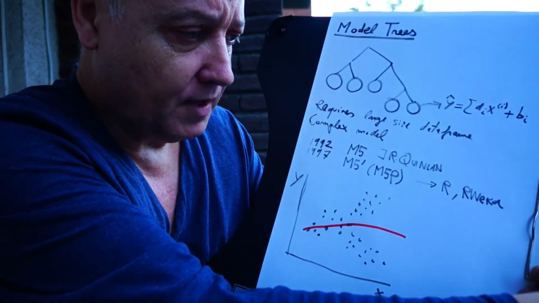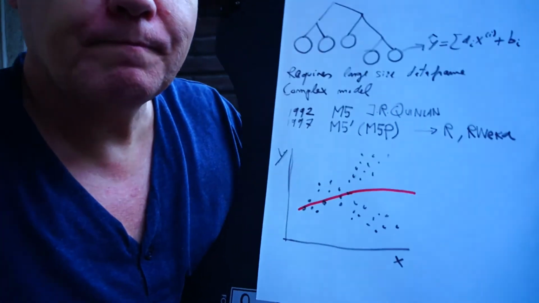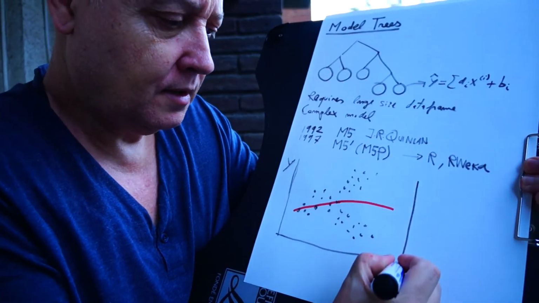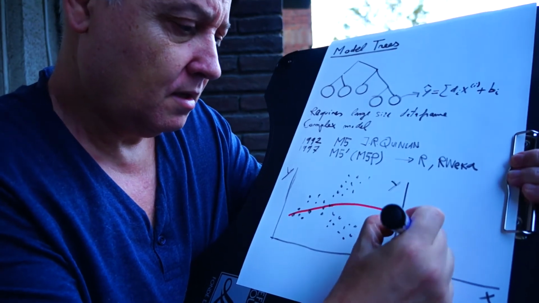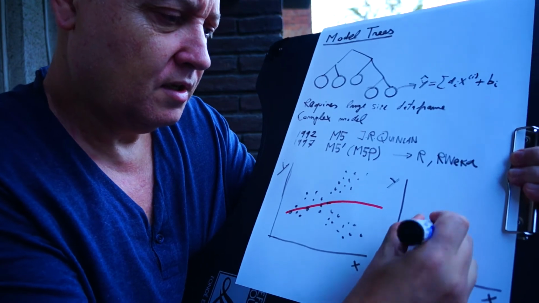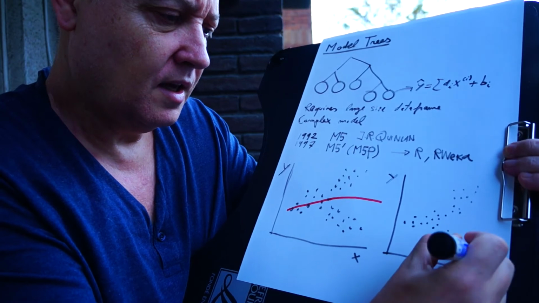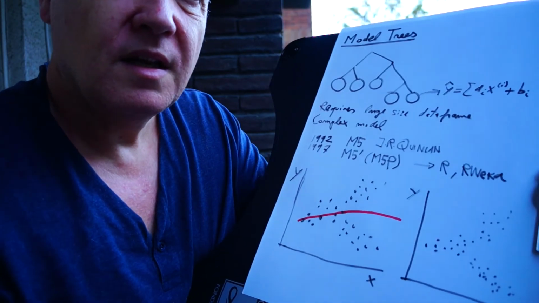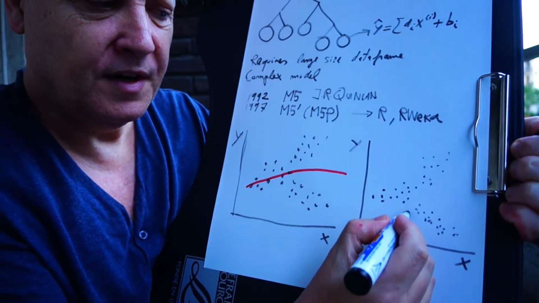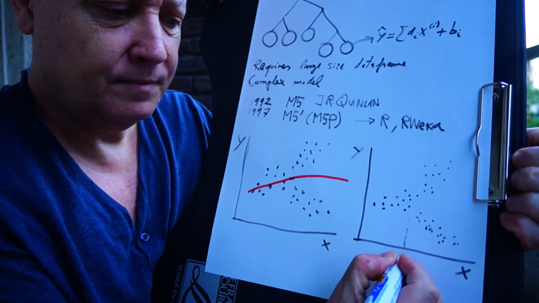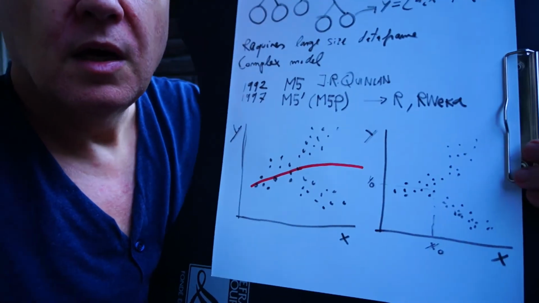Instead of this, let me repeat the plot here, it's the same plot, x, y, and then the points here like this and this, and let's say that this point here is x0, and then you have y0.